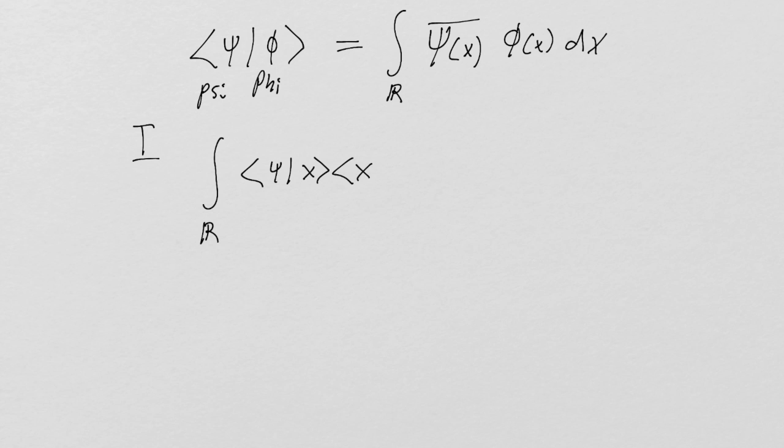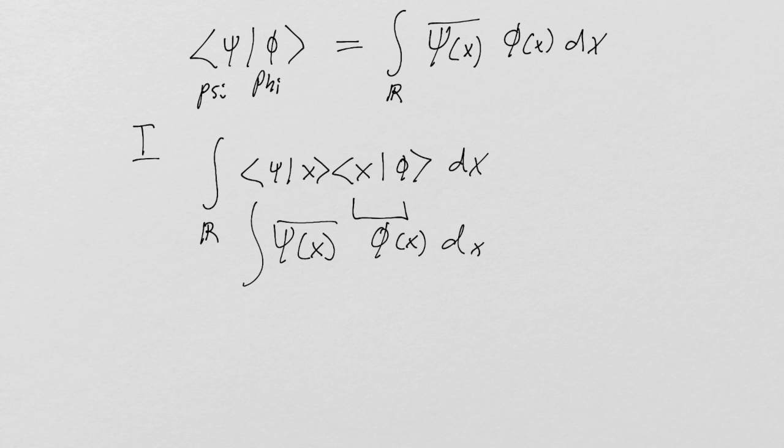Here's my x. So there's the complete set of states, so to speak. And dx, right? And by definition, what is this? Well, this is phi of x, and this is psi of x bar, right? So there's the integral, there's dx, it's over the reals, perfect match.